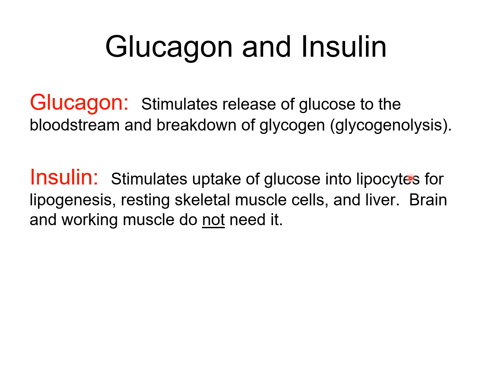This can be into fat cells to create fat, or in muscle cells and in liver, because again, the liver will want to store glucose as glycogen. Muscle cells will use it to make ATP, or if they are stocked up on ATP, they'll also store it as glycogen.